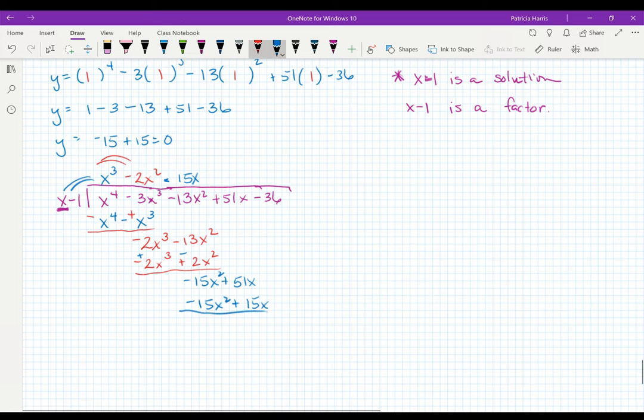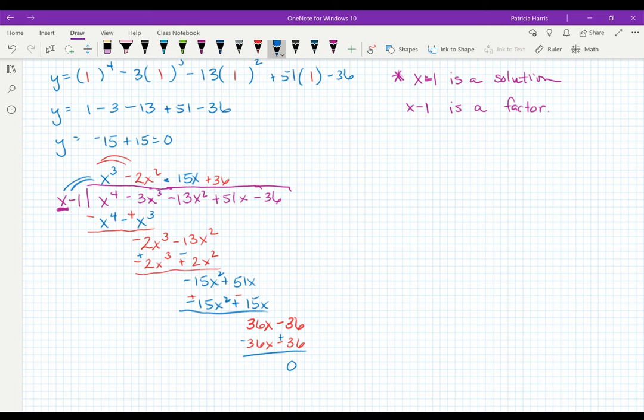So we're going to change our signs again. It's very easy to get lost in this, so be very careful. Now we notice we need a 36x, so to get that, we need to multiply by a positive 36. Again, distribute. Change your signs, and you get a 0 as a remainder.